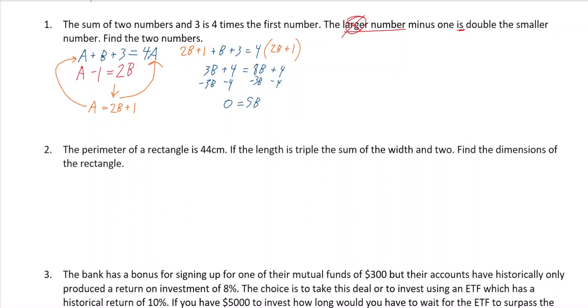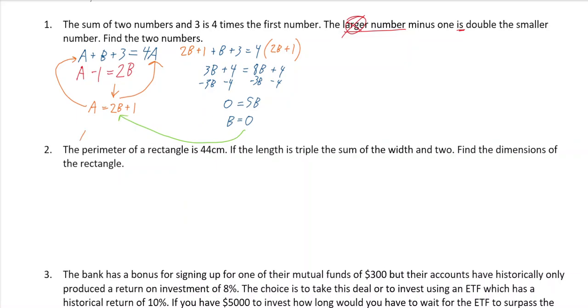Oh, look at that. Yep, we're only going to have one solution that makes any sense. So then you can divide by 5 on both sides. So b equals 0.